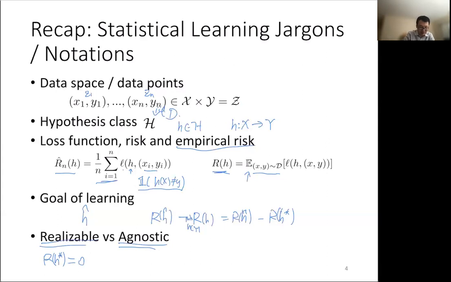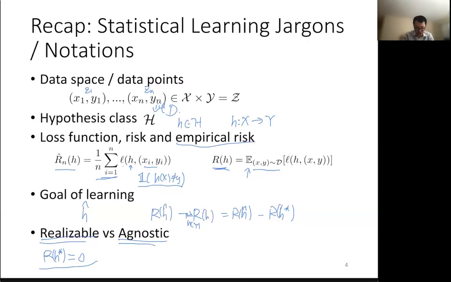This is a strong assumption, and sometimes we don't wish to make that kind of assumption. So in the agnostic learning setting, we're simply hoping to match the performance of the optimal classifier, where R(h star) can potentially be larger than 0 and arbitrarily close to being trivial.